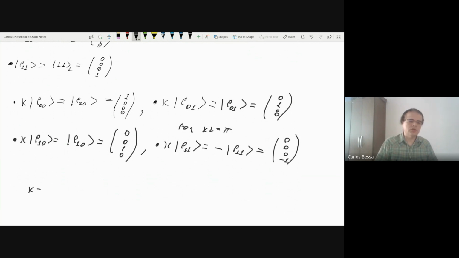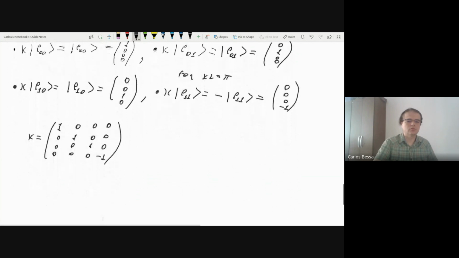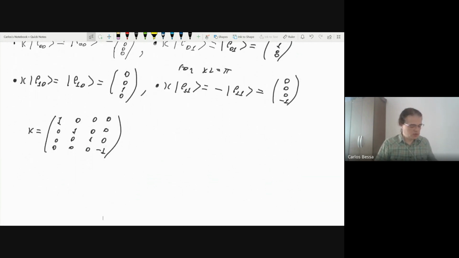It will be just 1, 0, 0, 0, 0, 1, 0, 0, 0, 0, 1, 0, and the other 0, 0, 0, 1. So if you use K and multiply it for each of these terms, you have this. Okay, so this is the matrix representation.